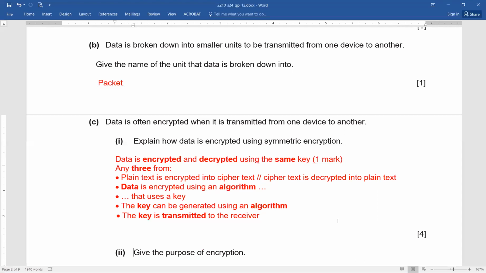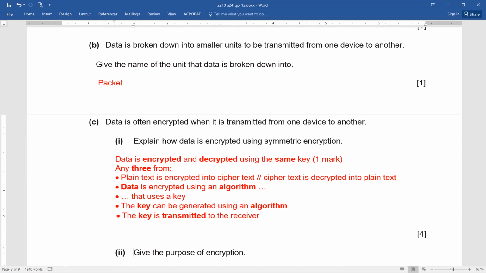After that, what you can write is, any three from: plain text is encrypted into ciphertext; data is encrypted using an algorithm that uses a key; the key is generated using an algorithm; and this key is transmitted to the receiver. So I hope that you remember, if you mention the public key, that's perfectly okay. But these main points should be a part of your answer to score 4 out of 4. 1 mark definitely for saying that the same key is used for both encryption and decryption of the data.